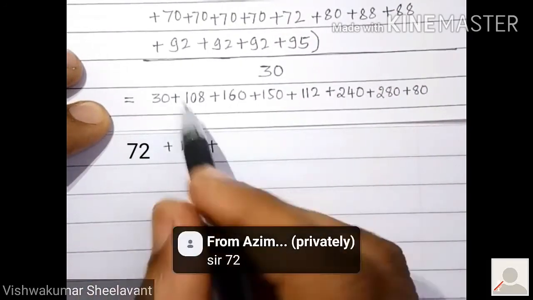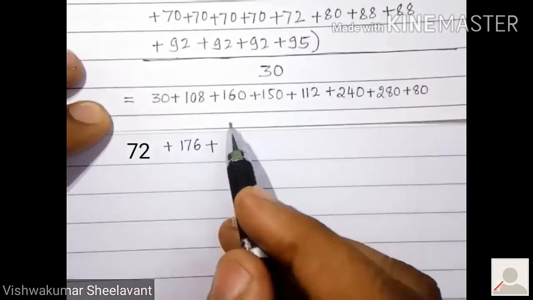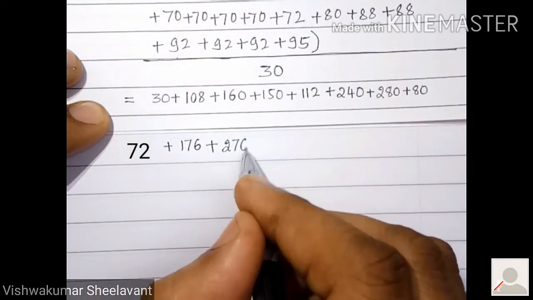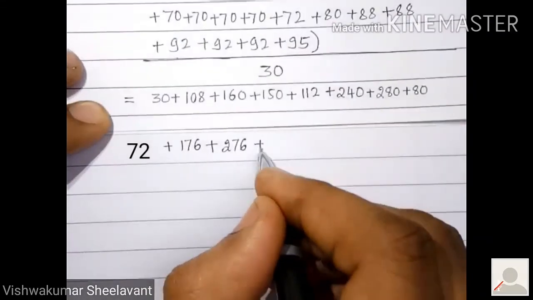Plus 92 3s is there. So we'll get 276. Plus 95.